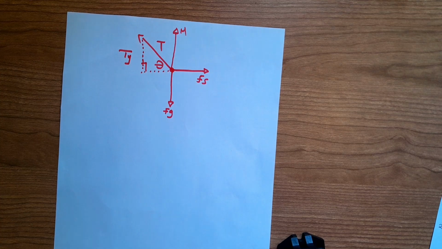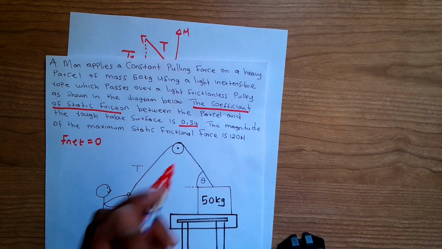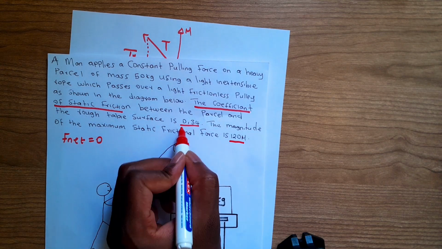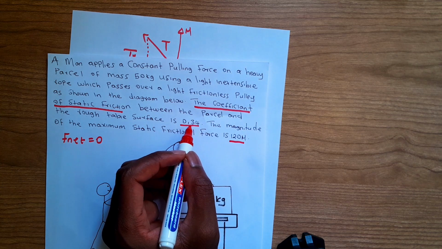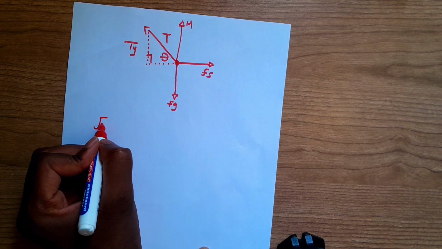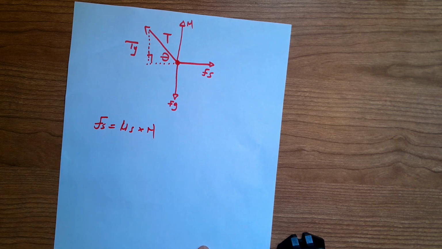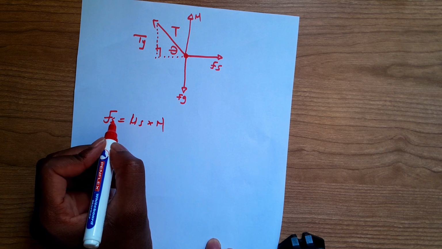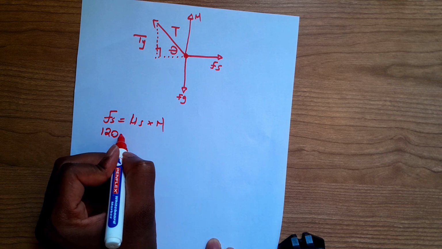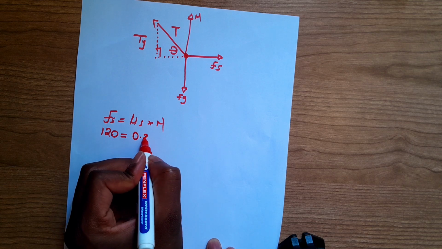So how do we find Ty? Well, we remember that we were given friction and the coefficient of static friction, right? We know this formula, Fs equals mu s times the normal force. The friction we were given was 120 newtons, and the coefficient of static friction was 0.34.